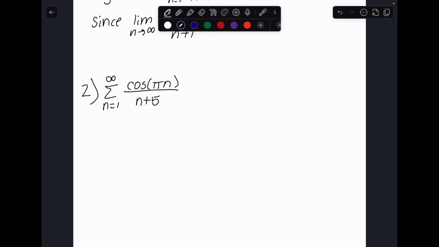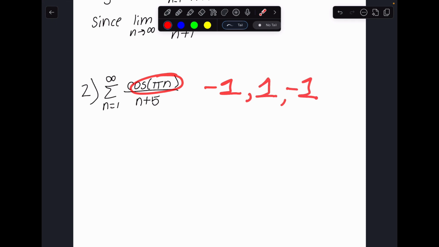Now, you might be a little bit confused by the cosine of pi times n in the numerator at first, but let's just plug in a couple of n's and see what happens. Cosine of pi gives me a negative 1. Cosine of 2 pi gives me a 1. Cosine of 3 pi gives me a negative 1. Cosine of 4 pi gives me a 1.